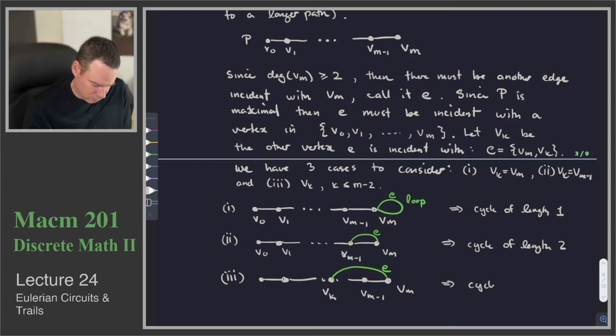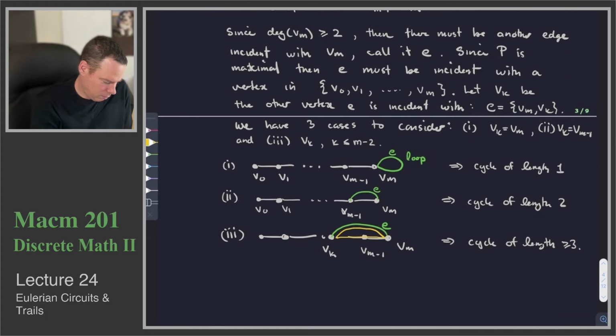We have a cycle of length bigger than or equal to 3 in this case. And so our cycle would be this thing here that I'm indicating in yellow. So in all 3 cases, we get a cycle. And that's what our conclusion is. Therefore, in any case, we get a cycle in G.